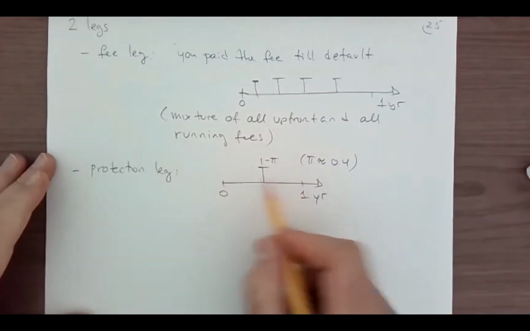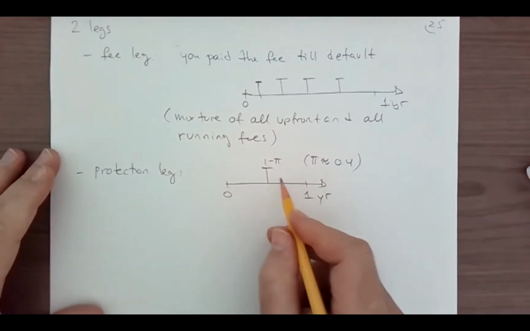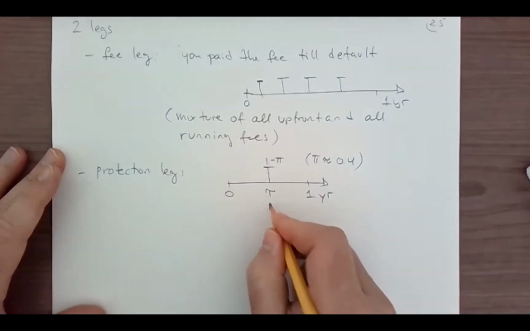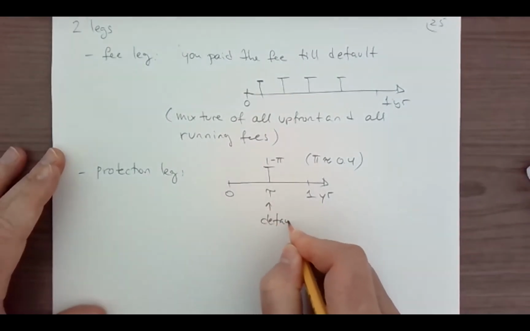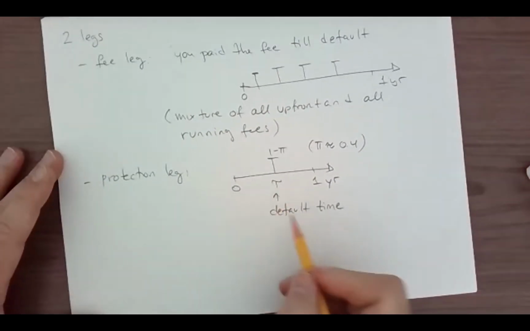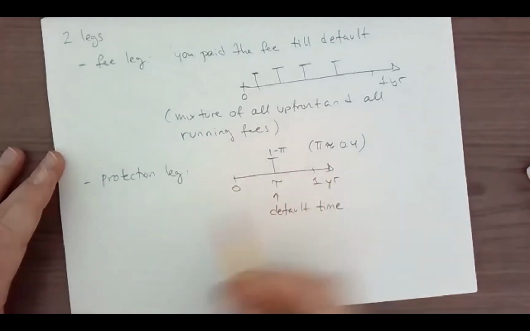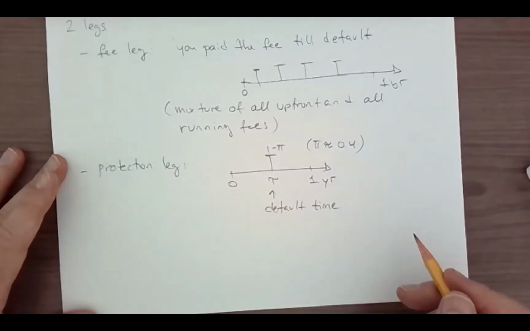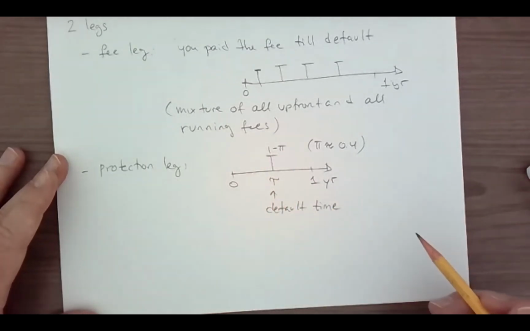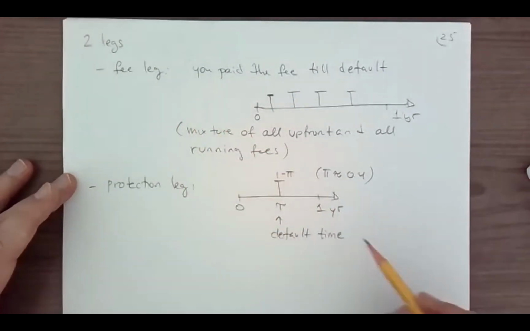So it pays out in case there is a default, at that default time. If you say that is tau, this is the default time. So it pays out if there's default in the window. Otherwise, it pays out nothing. So you get 1 minus pi at time tau. Otherwise, you get 0. So those are the two legs.